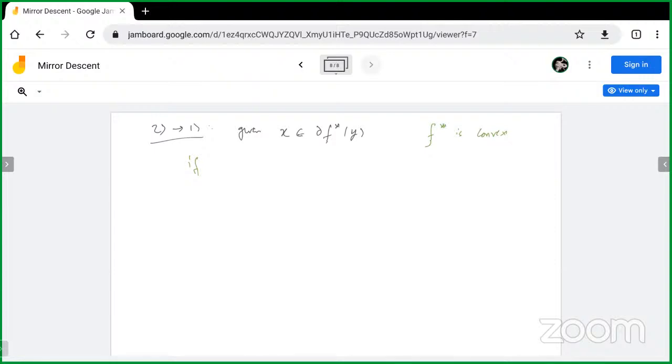Oh no, okay. So I think the point is to use that the dual of the dual is a function itself. Okay. So the point is, okay.